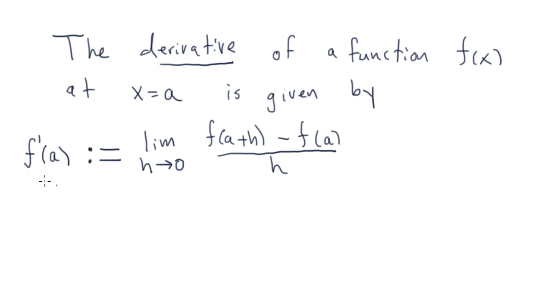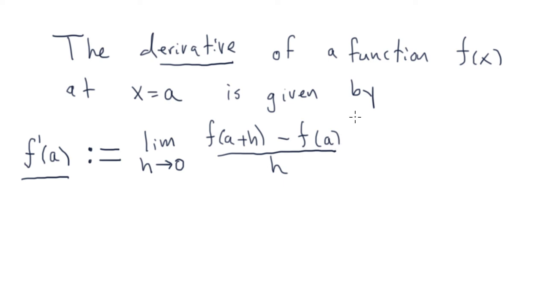So this is the derivative right here. So when you see f prime of a, all it is is the limit of this difference quotient. So you're just taking those secant lines and their slope, the average rate of change, squeezing them in around some point x equals a, and that's giving you the derivative.